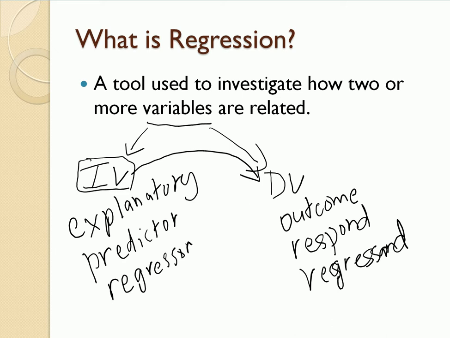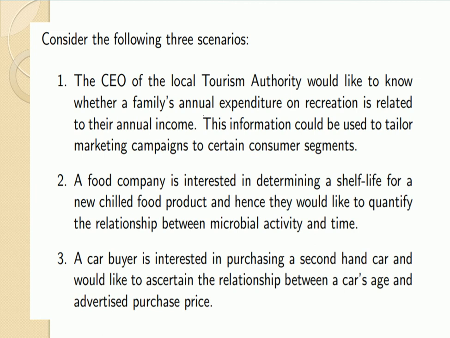The following are three examples to reinforce your understanding of the dependent and the independent variable. Consider the following three scenarios. The CEO of the local tourism authority would like to know whether a family's annual expenditure on recreation is related to their annual income.